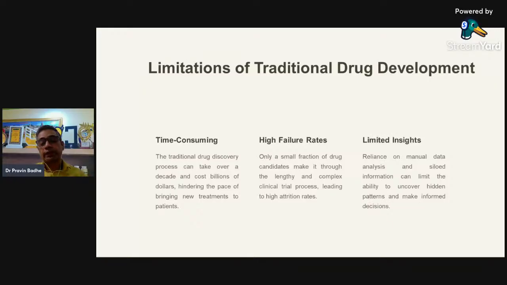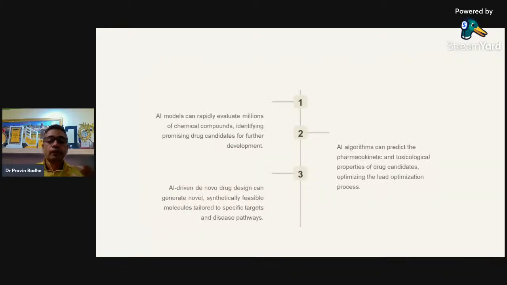There was also limited insight available when manual data analysis was done, so the ability to uncover any hidden pattern in the clinical trial was difficult, and making informed decisions was again difficult. So these were some of the traditional drug development problems which are overcome due to AI.